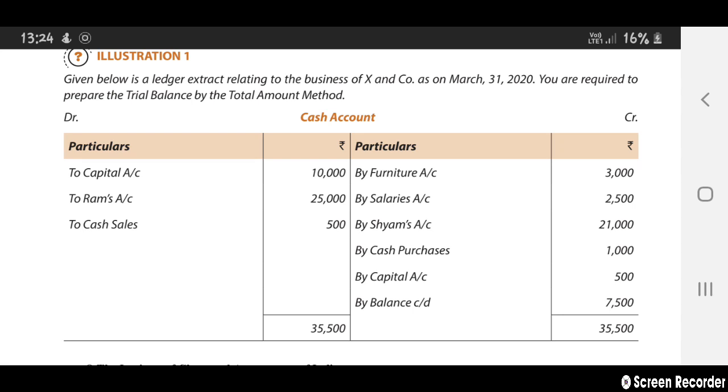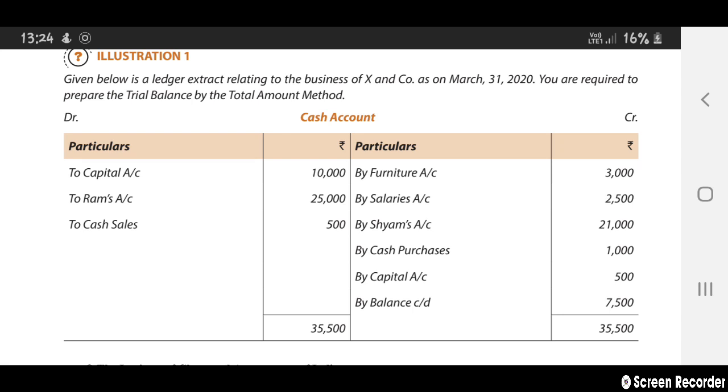Cash account: this side is debit, this side is credit. Debited: capital account 10,000 rupees, Ram's account 25,000, cash sales 500.